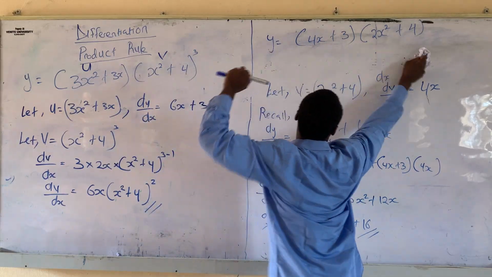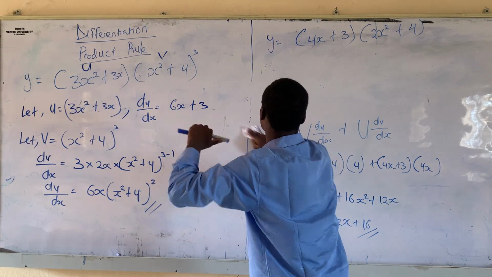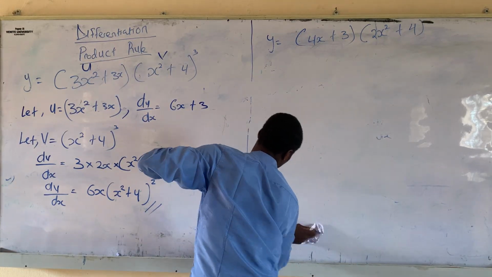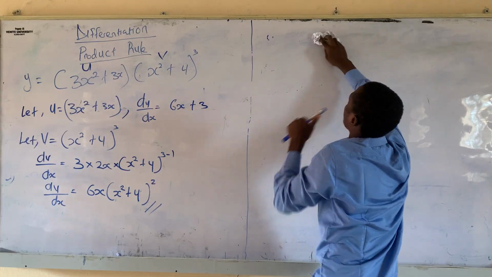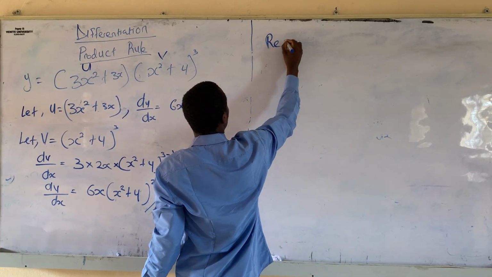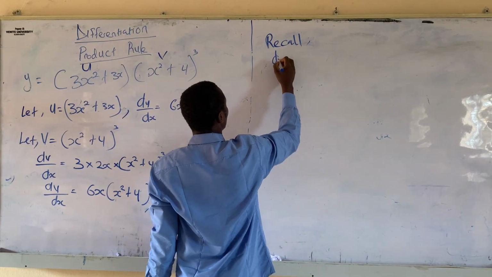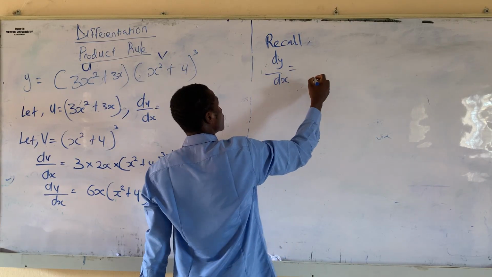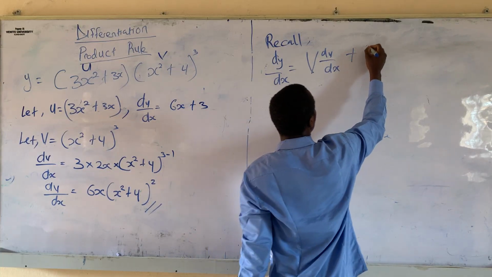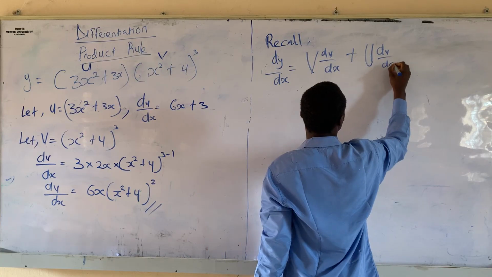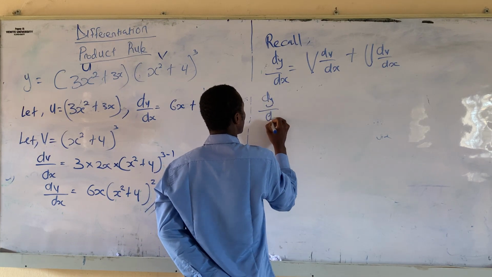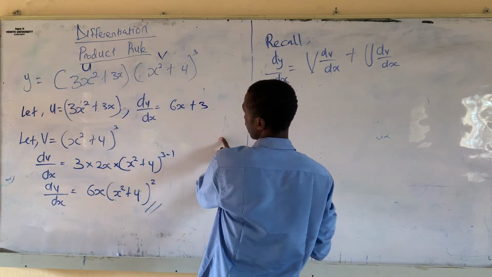Then let's apply our product rule. Recall that dy over dx is equal to v du over dx plus u dv over dx. Then dy over dx will be equal to, what's our v?